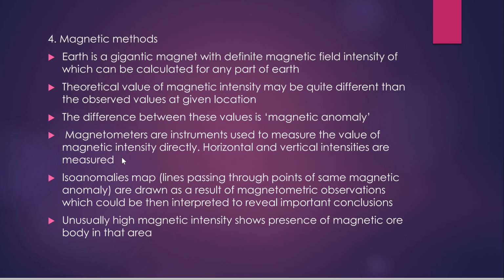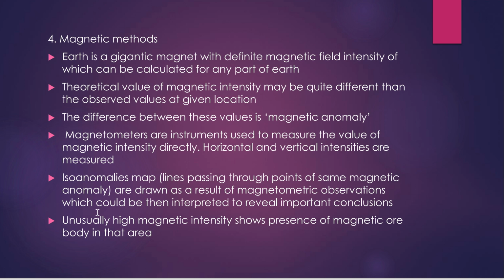Anomaly maps are drawn as a result of magnetometric observations. So an anomaly map shows the lines passing through the points having the same magnetic anomaly. These maps are drawn using the observations made by the magnetometers, and can be interpreted to reveal important conclusions.